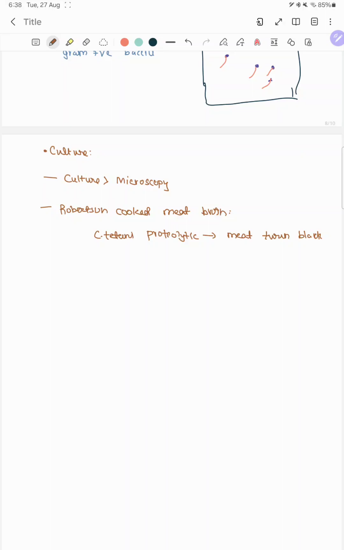Okay, another method is blood agar and polymyxin B. Okay, so those are the culture media.